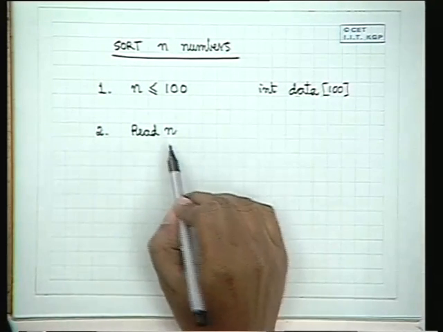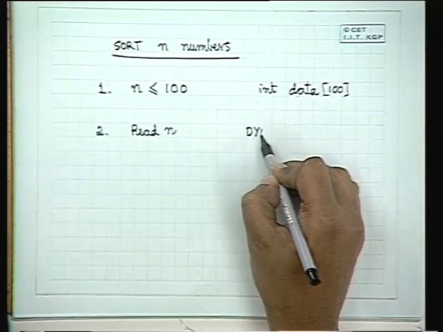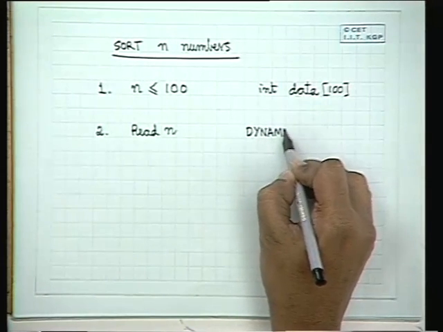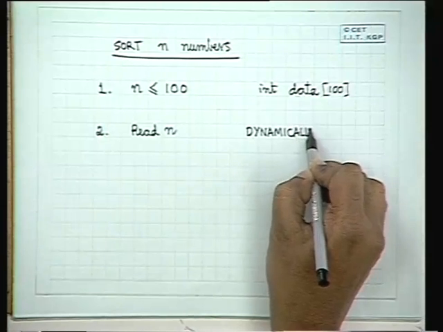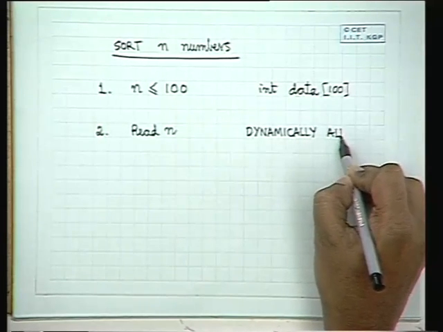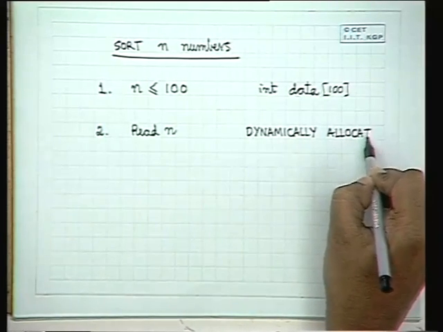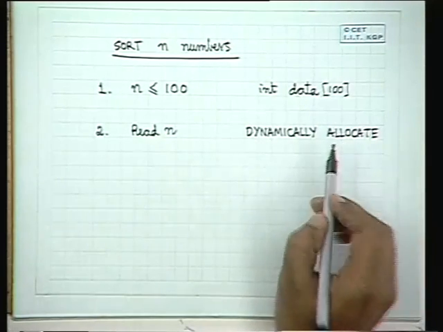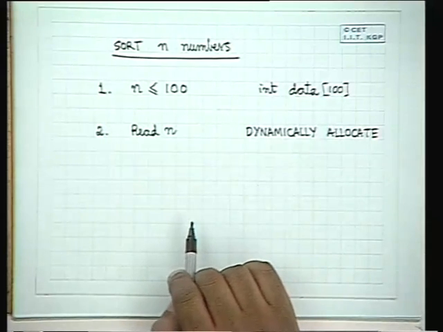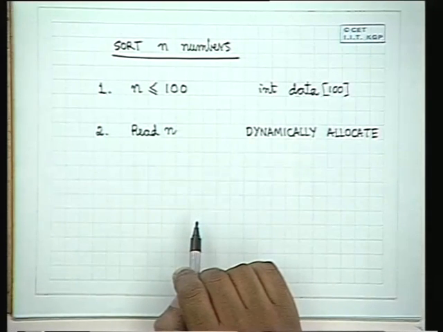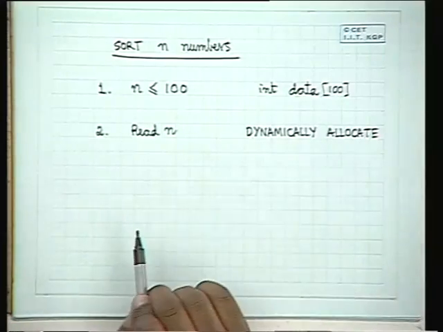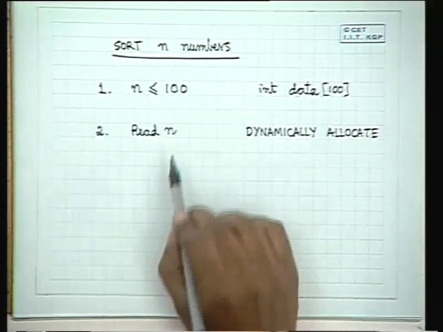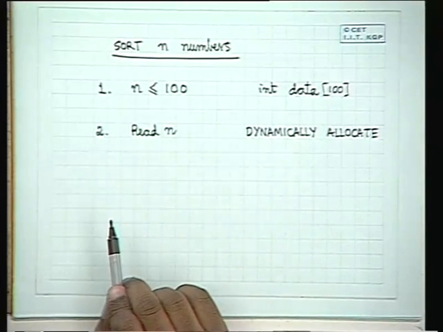So for that you need to dynamically allocate within the program. I need to allocate data. So we need to allocate data within the program, and this is called dynamic allocation.